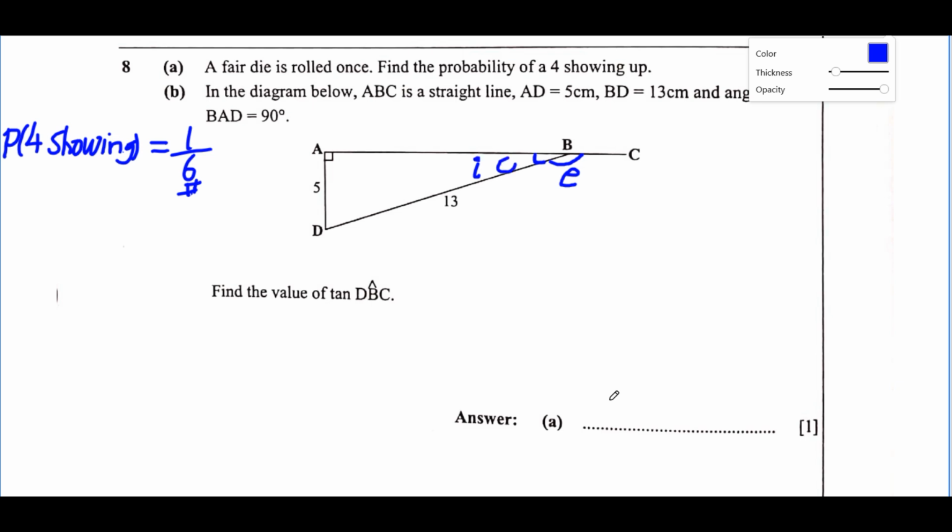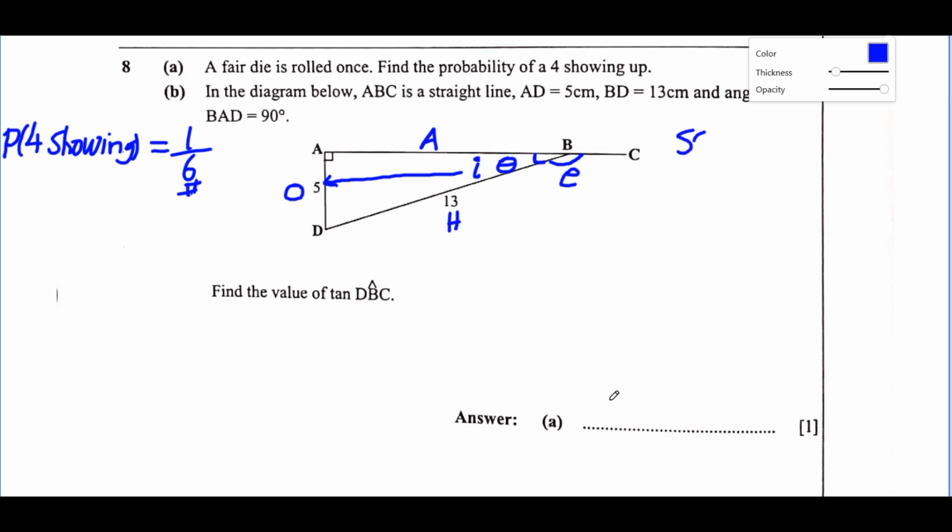So here I'm going to put theta. If this is theta, the distance opposite to this angle theta is called opposite. Then the longest is called hypotenuse. Then the distance next to the theta is called the adjacent. So we have OAH. Then from there, we are going to write the 3 trig ratios.